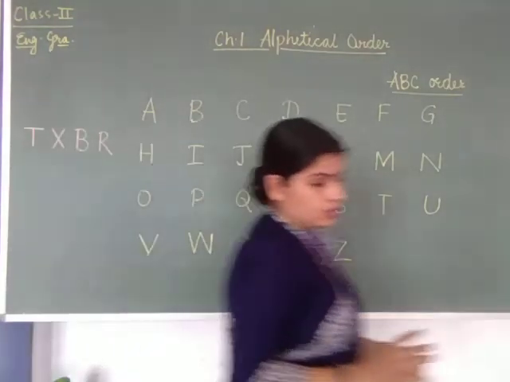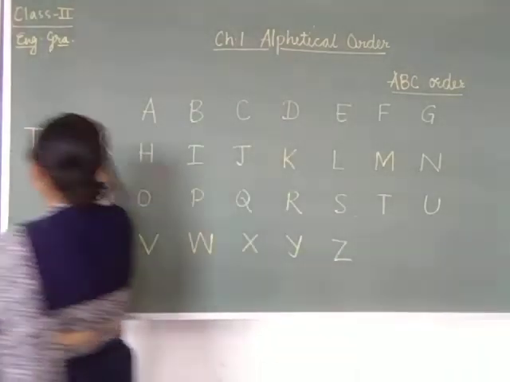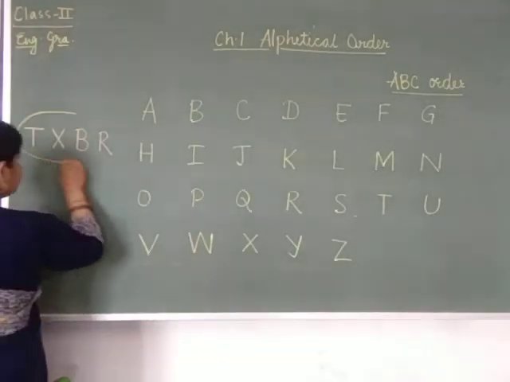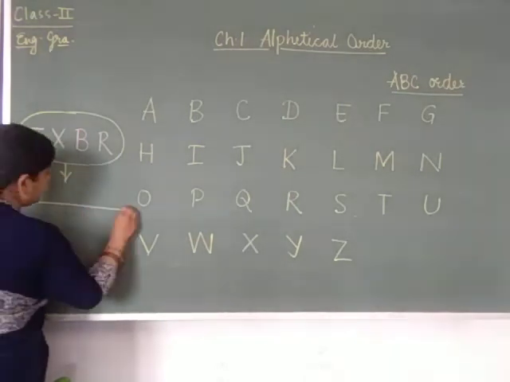Now there are 4 letters over there, T, X, B, R. Now I want to write them in an alphabetical order. ये जो T, X, B, R मैंने लिखा है, उसे मैं चाहती हूँ कि वो alphabetical order में मैं लिखूं.